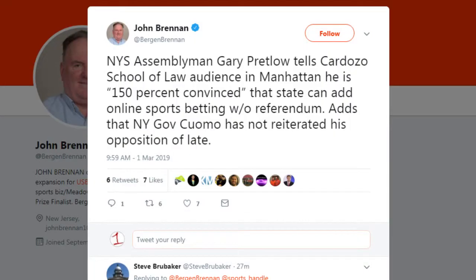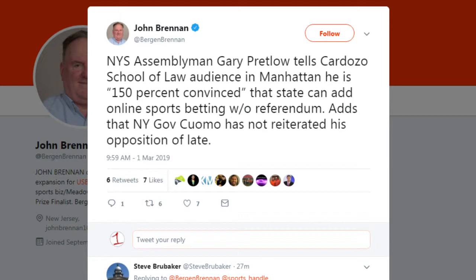And then our second item is that there's a conference on sports betting today in New York City, and this was posted this morning. Gary Pretlow from the New York State Assembly says to the audience, 150% convinced that a state can add online sports betting without a constitutional referendum.